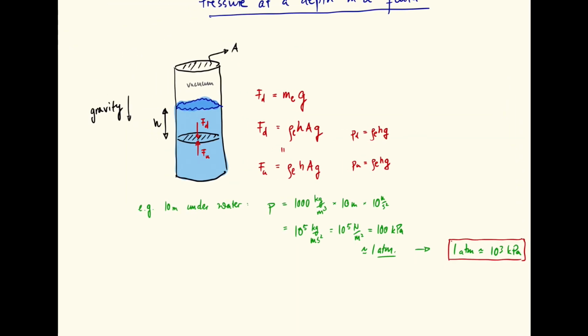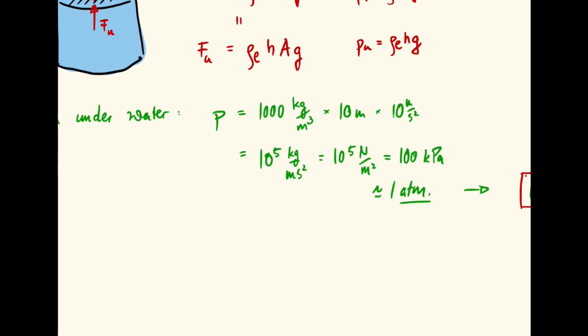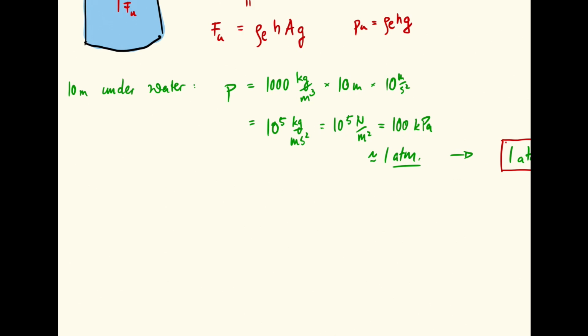So that means if you go down 10 meters under the surface of the ocean, you are doubling the pressure that you've experienced. You get the 1 atmosphere from the air, and then another atmosphere from the pressure of 10 meters of water above you.